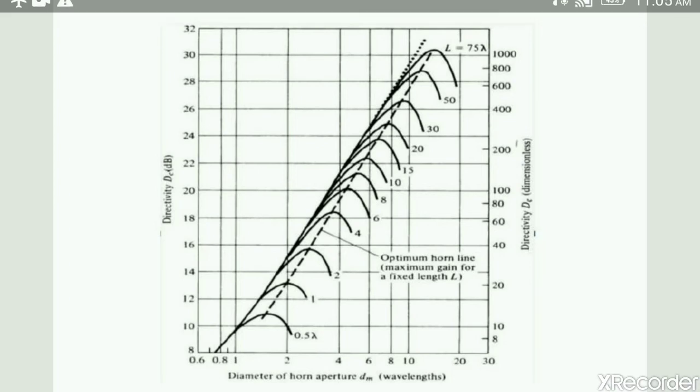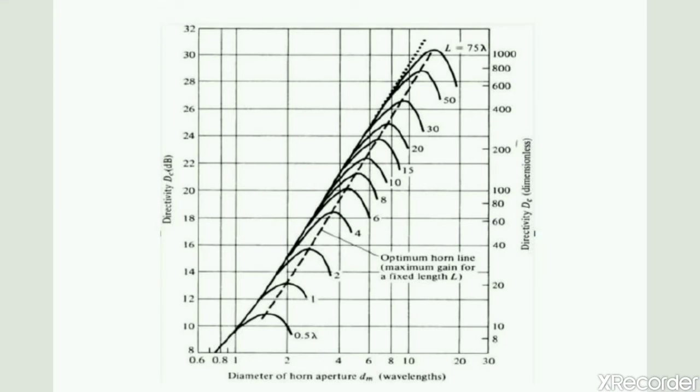On the x-axis we can see the diameter of horn aperture denoted by small dm, which we have seen in the geometry and the design specification of conical horn antenna. And on the y-axis there is the directivity. So we can see that as we increase the diameter of the horn aperture, the directivity also increases.